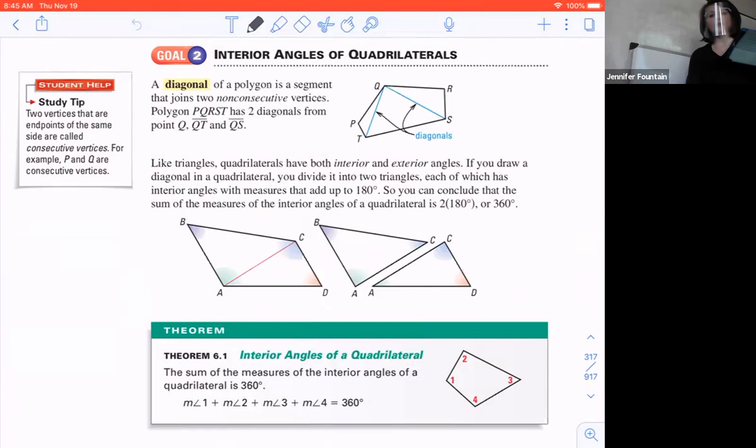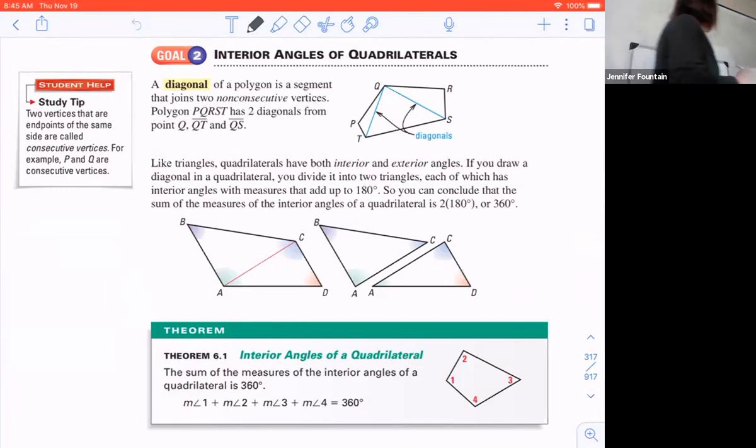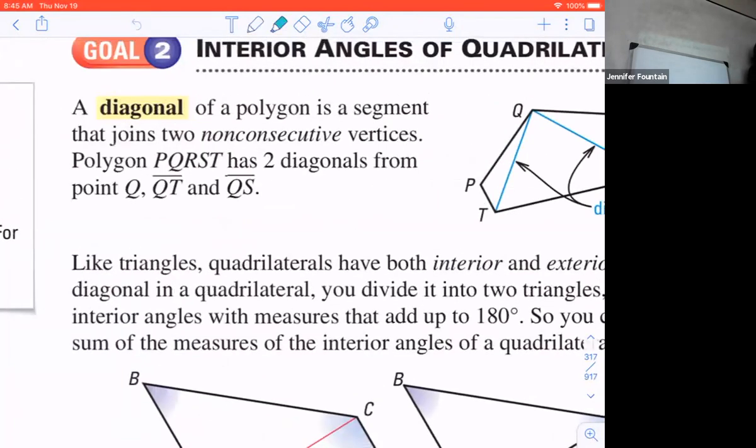The first interior angle concept that we're going to talk about is a diagonal. Basically, a diagonal is where you're joining two non-consecutive vertices. So you can see here where it says a diagonal of a polygon is a segment that joins two non-consecutive vertices.